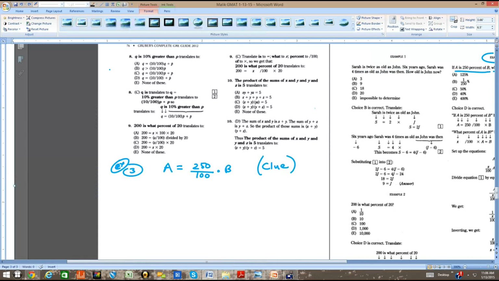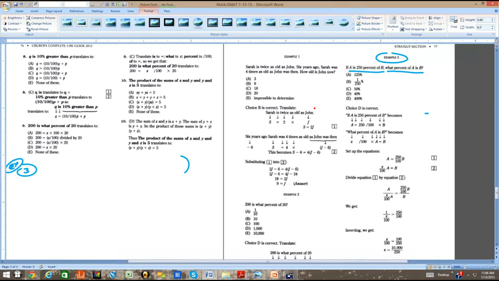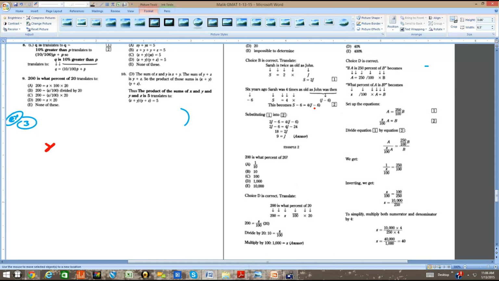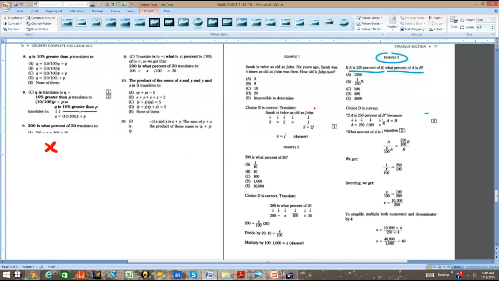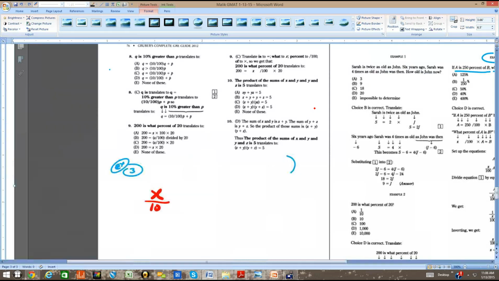Okay, and what's our puzzle? Our puzzle is what means X percent, so X over 100 equals B. Let me see. Whatever I wrote disappeared for some reason.